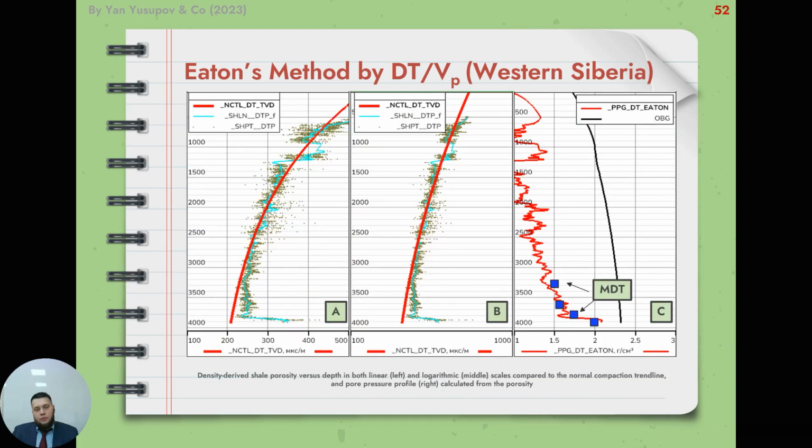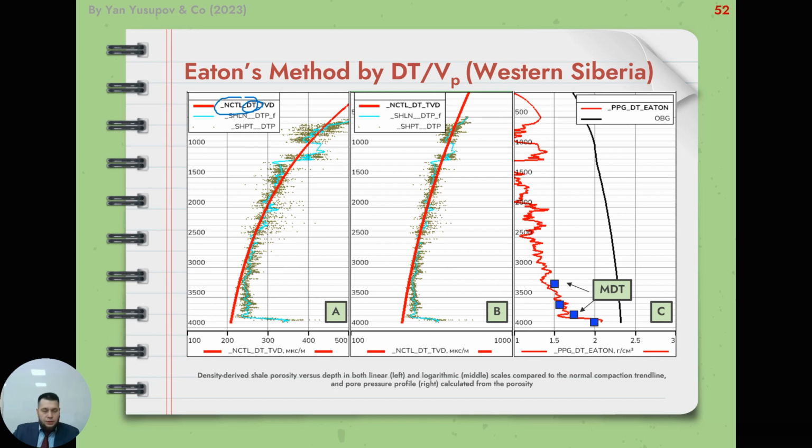Also, this is one more example for Eaton's method by P-wave velocity in Western Siberia. As input data, we use P-wave slowness after shale line selection and calculation of normal compaction trend line.